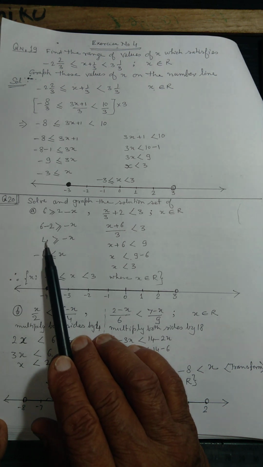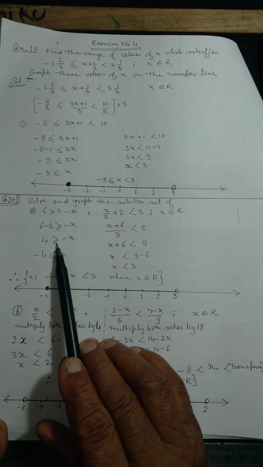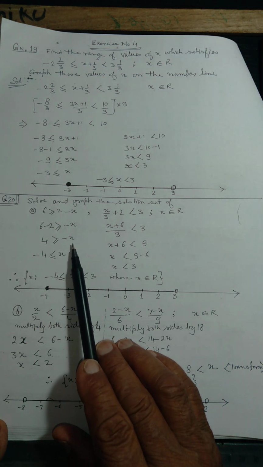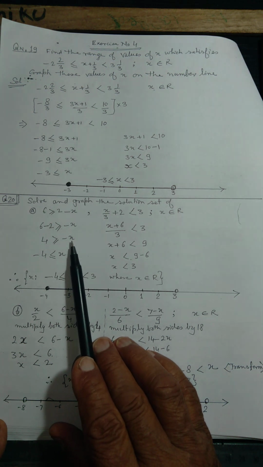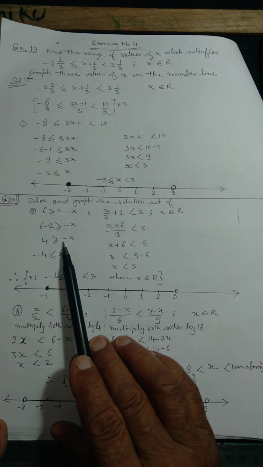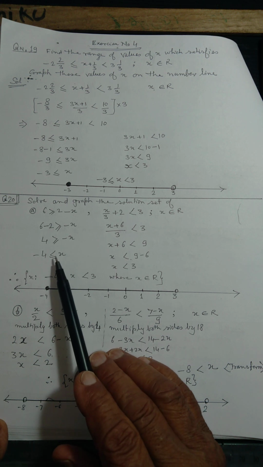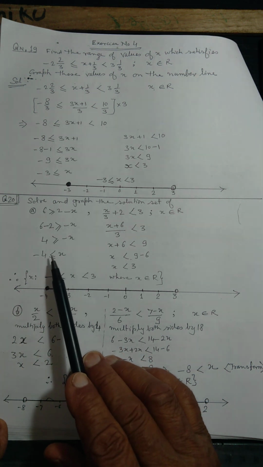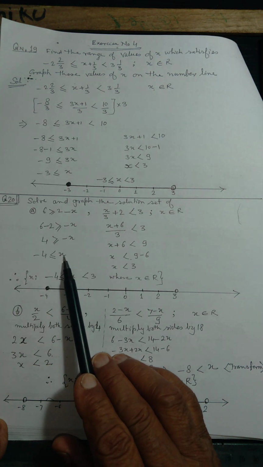So ultimately, 4 is greater than or equal to minus x. Once we multiply by minus 1, the sign of the inequation will be reversed. So minus 4 is less than or equal to x.